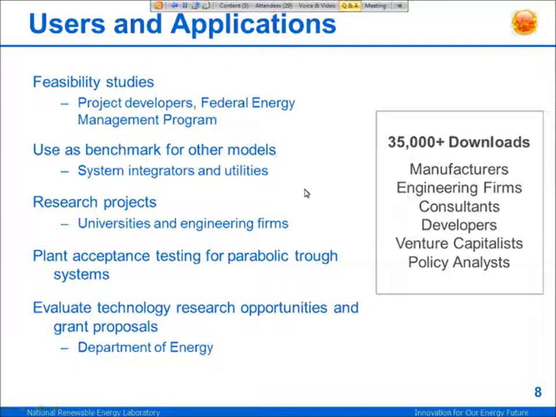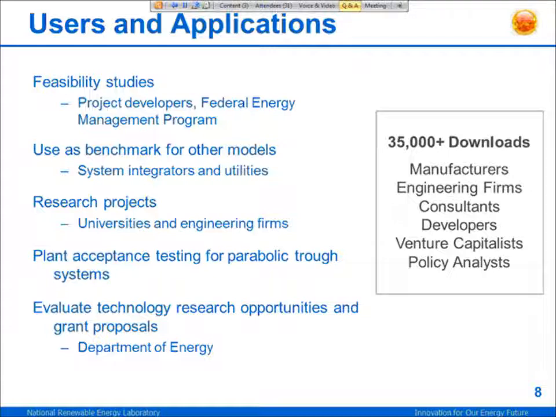SAM is used by a range of different kinds of people. Project developers, for example, use it for feasibility studies, for project-level analyses. Partners in a project use SAM as a benchmark. For example, different partners in a project may have their own internal models that they don't want to share with other partners, and they'll use SAM as a kind of collaboration tool.